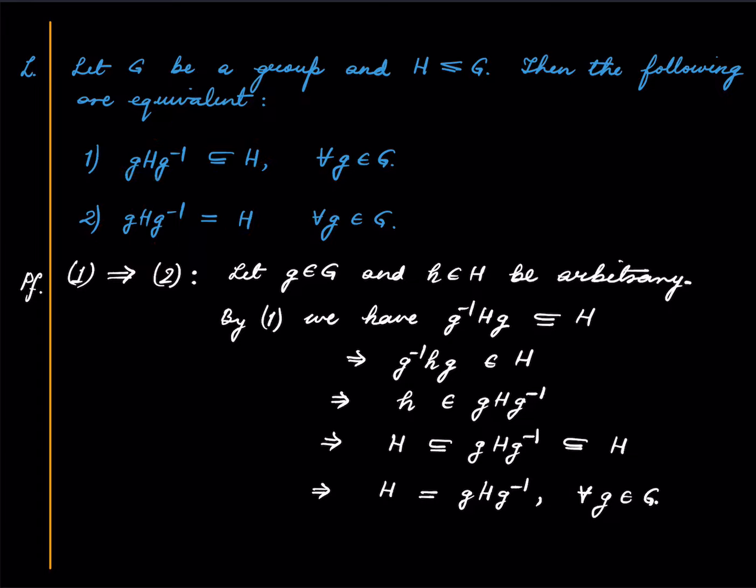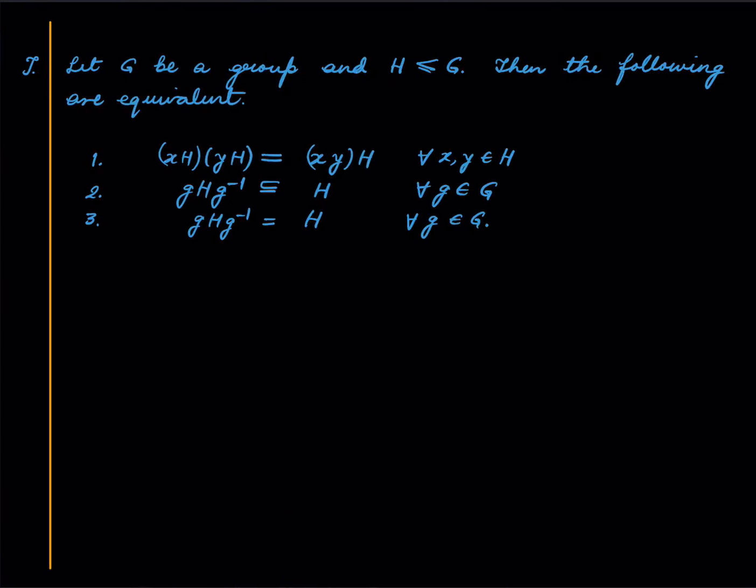Of course, if the subgroup H was finite, then this containment automatically implies this equality because the size of this and the size of that are the same. Okay, so combining the previous two lemmas, we get that if we have a group G and a subgroup H, then these three things are equivalent.